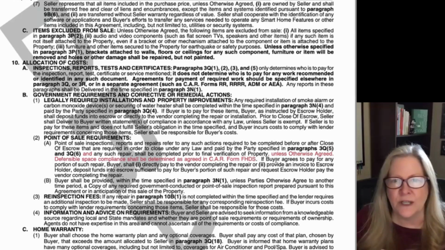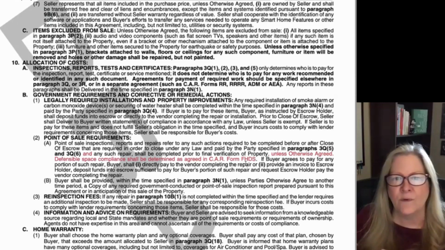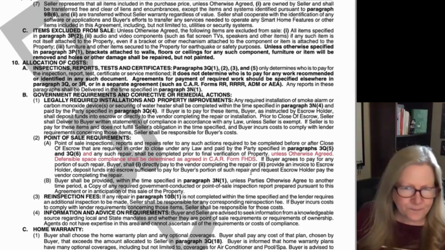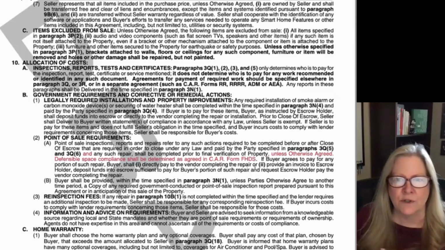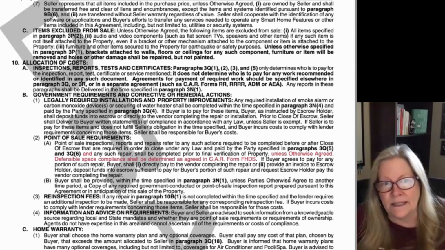Then this is the verbiage they added. Unless otherwise agreed, defensible space compliance shall be determined as agreed in C.A.R form FHDS. Okay, so that's the fire hazard defensible space addendum disclosure. Okay, so that's all they added, unless otherwise agreed. So essentially, it remains the same.